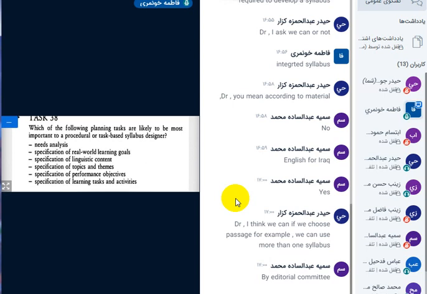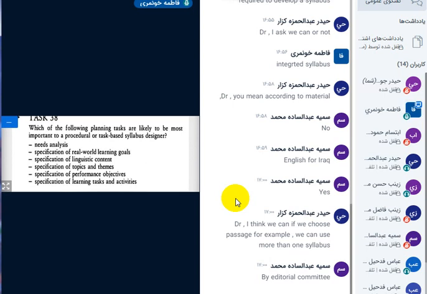Whenever you use an integrated syllabus, there's always one syllabus that is dominant, one syllabus that determines the rest. You need to choose one dominant syllabus, and according to that, relate all the other syllabuses to it. Mostly, the dominant syllabus is situational or topical.